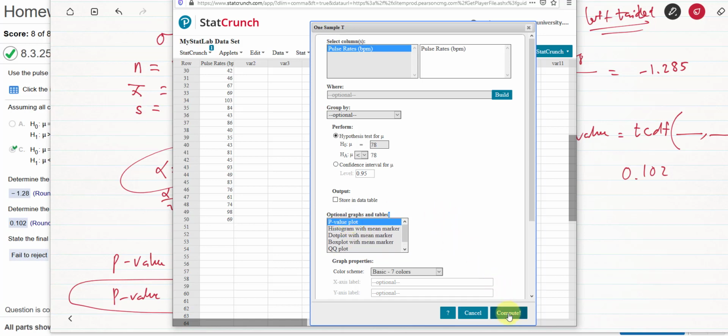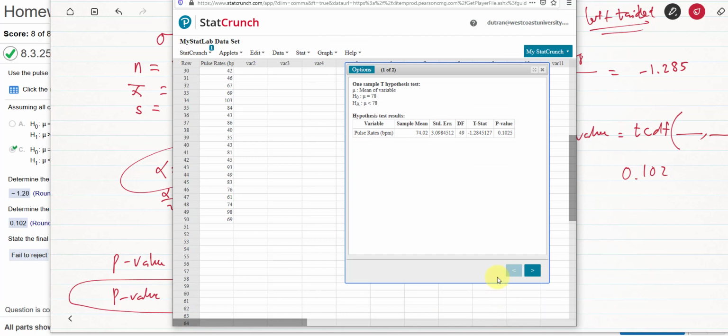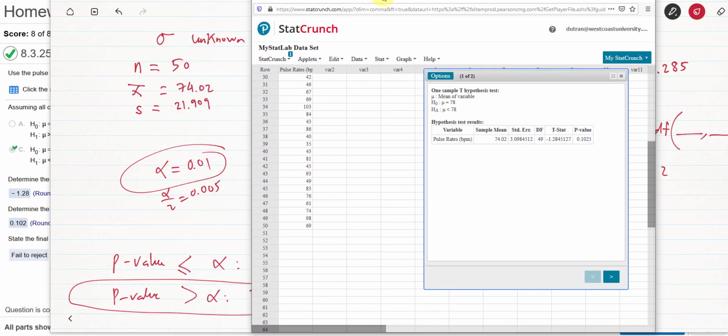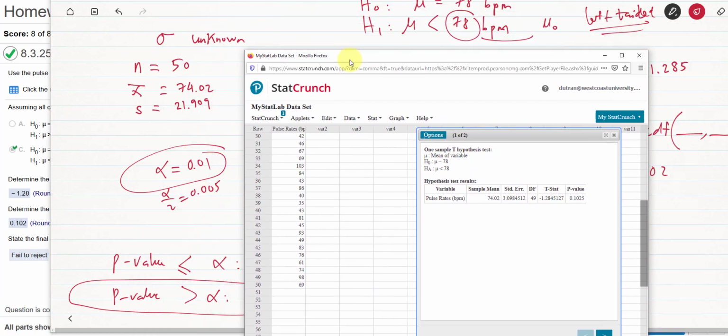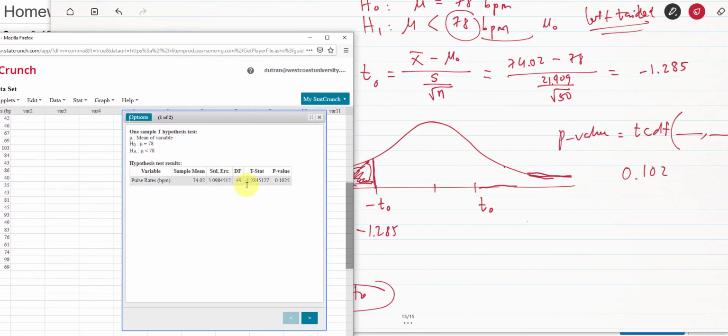So let's just click Compute. They give you the p-value, 0.102, which is what we found right here. And the test statistic is negative 1.2845, which is right here.